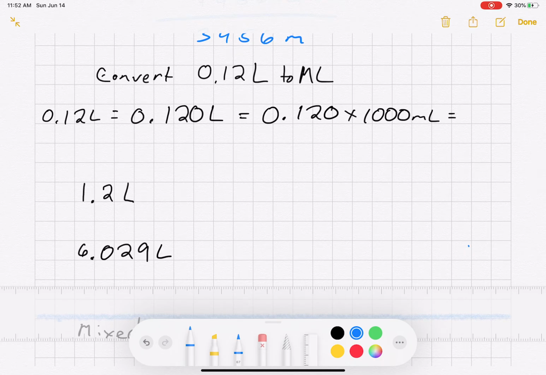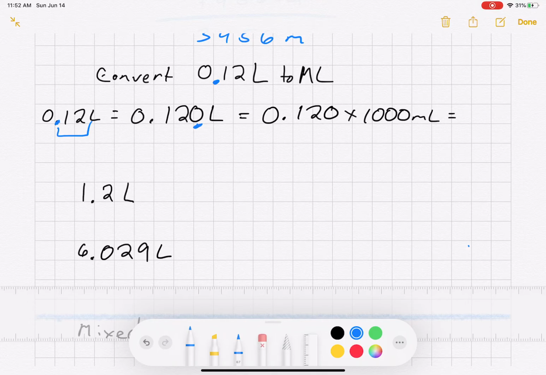Okay, the same would happen with liters when we're changing from liters to milliliters. We would multiply by 1,000. But because we're dealing with decimals, which is why we did decimals before this, we would move the decimal place 3 places. So I only have 2 places past the decimal here, so I have 0.12 liters. It makes it easier if you put that place in there.